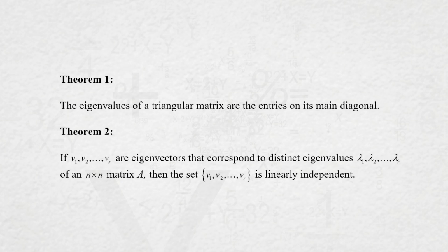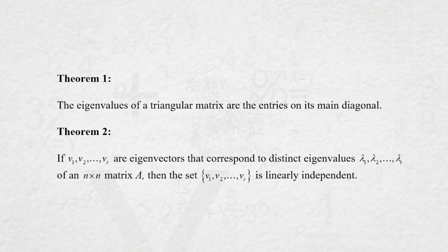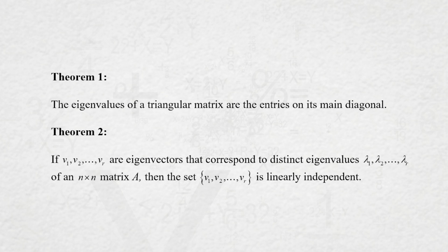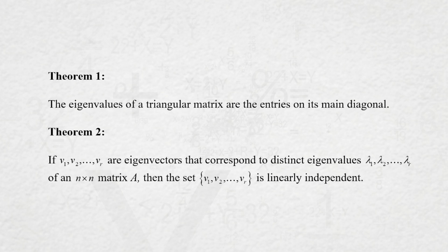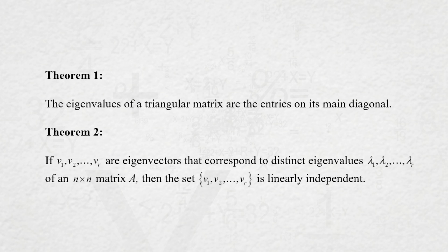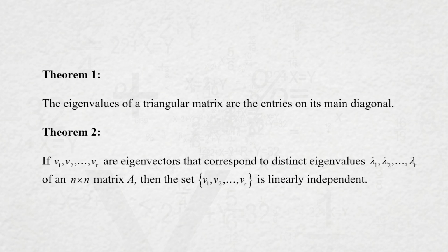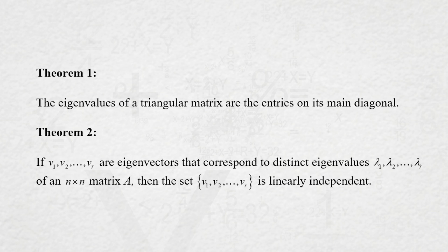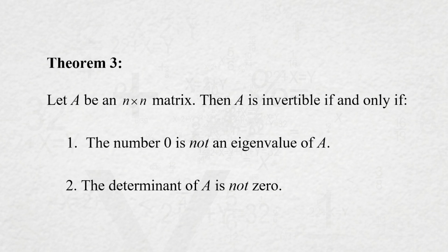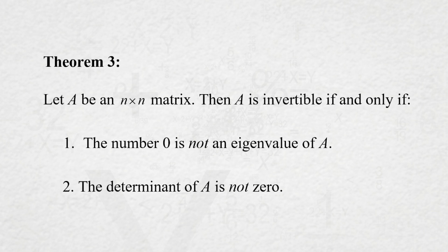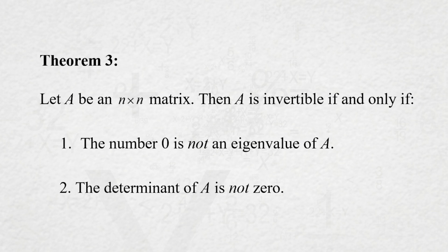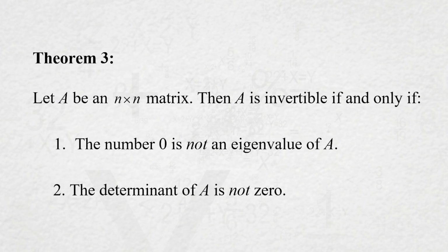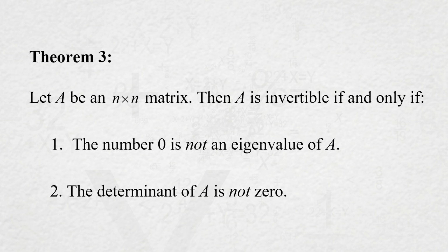The next theorem states: if V1, V2, etc., Vr are eigenvectors that correspond to distinct eigenvalues lambda 1, lambda 2, etc., lambda r of an n by n matrix A, then the set V1, V2, etc., Vr is linearly independent. The next theorem states: let A be an n by n matrix, then A is invertible if and only if the number 0 is not an eigenvalue of A and the determinant of A is non-zero.